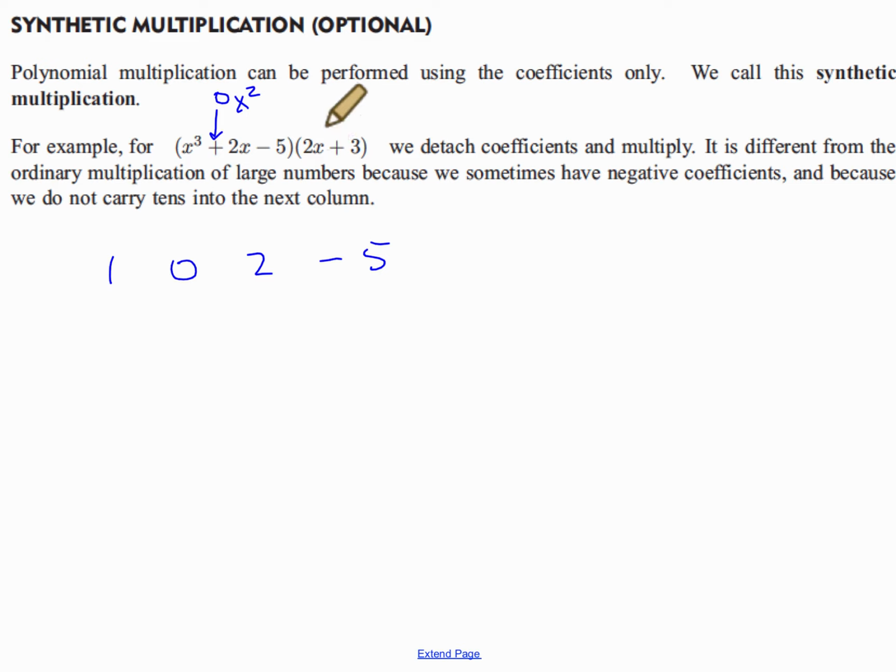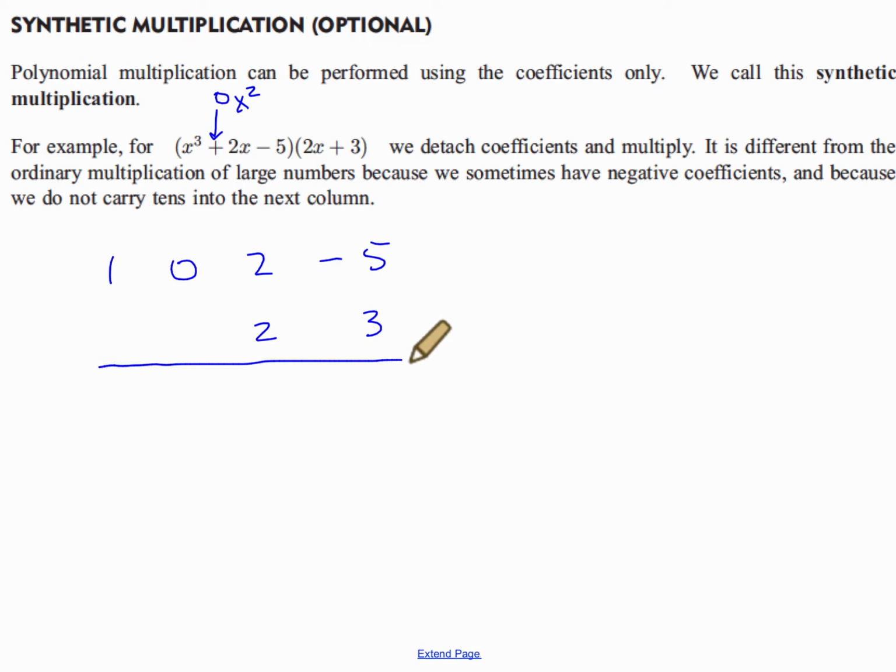So this is a simpler polynomial. It's 2x plus 3, and we have to line up our coefficients with the correct powers. So it was 2x to the first. This is the first power here. So this 2 right here comes from here, and then the constant is a positive 3.